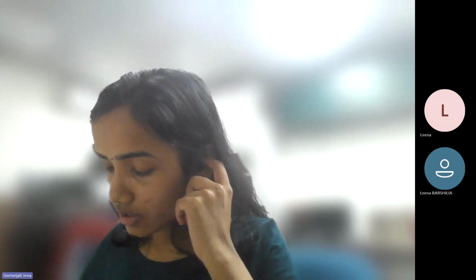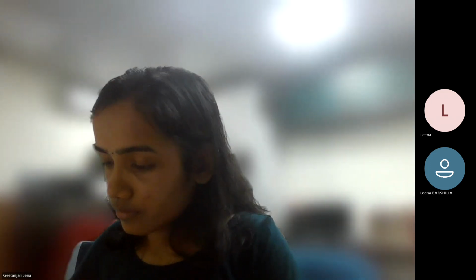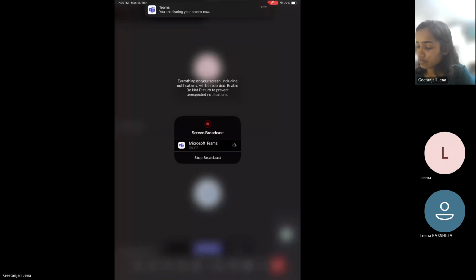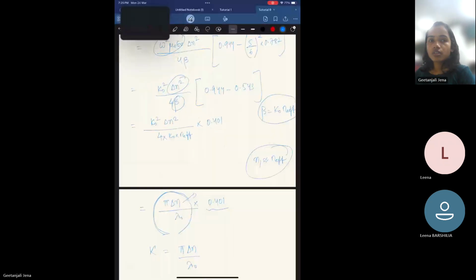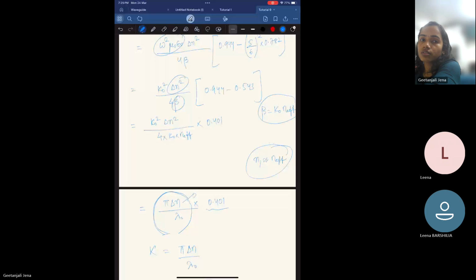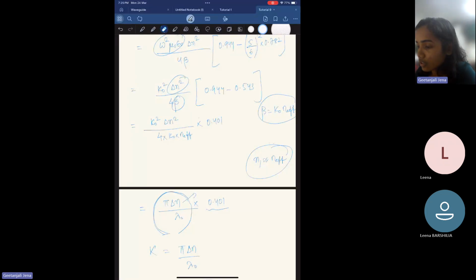Okay. Now delta n square. As I said before, this is nothing but sigma. The expression for sigma is 2 n1, or you can approximate and take n effective as n1.